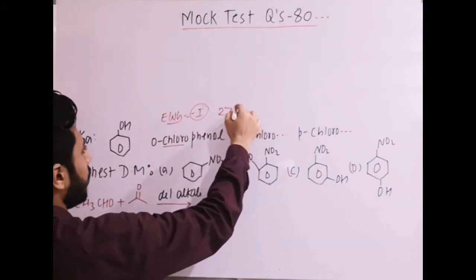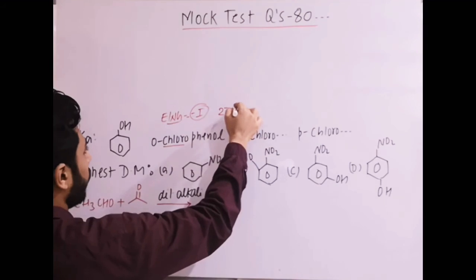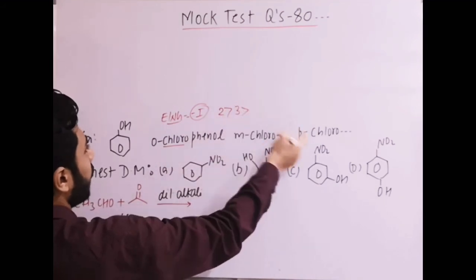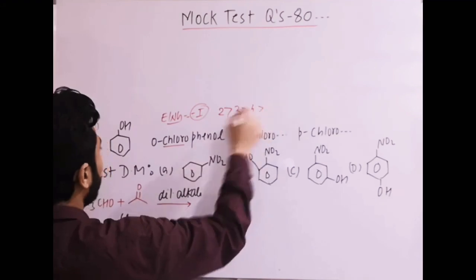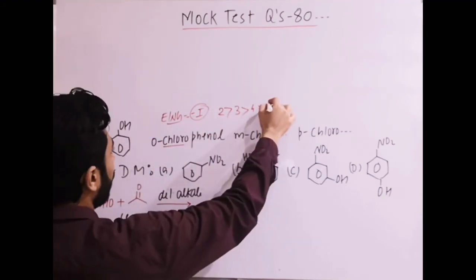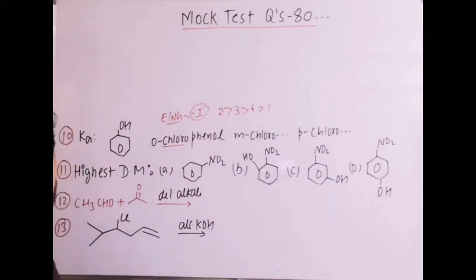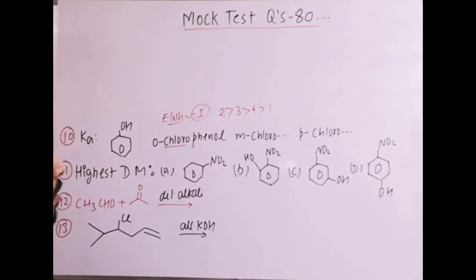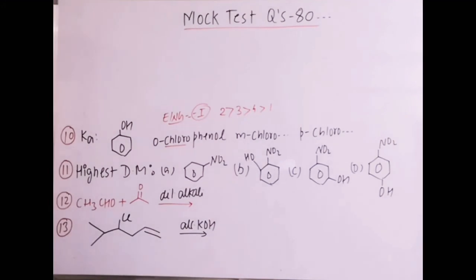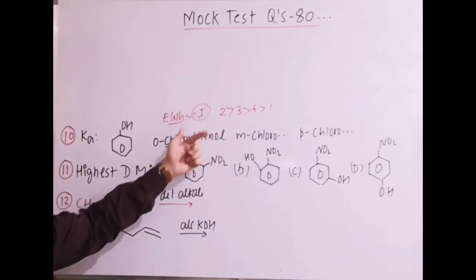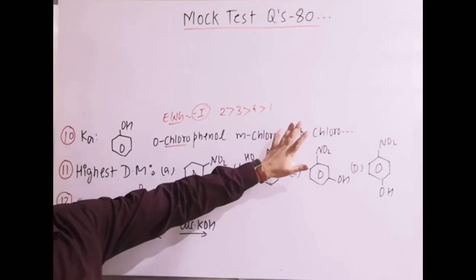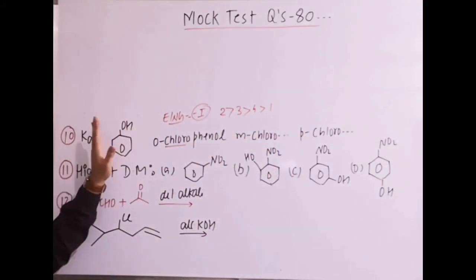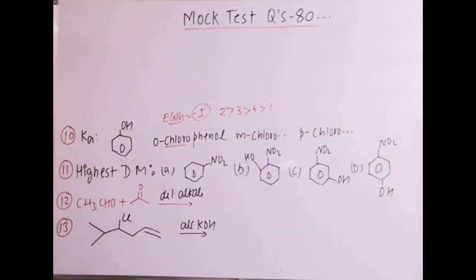Then at the meta position the distance from the OH group increases. Third, at the para position the distance is very high, but it is still better compared to phenol, where no halogen is present. So on the basis of the minus I effect we can answer this question. Minus I is a distance dependent effect, maximum at ortho, then meta, then para, and in phenol there is no minus I effect of any halogen.